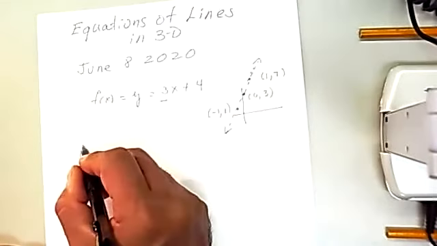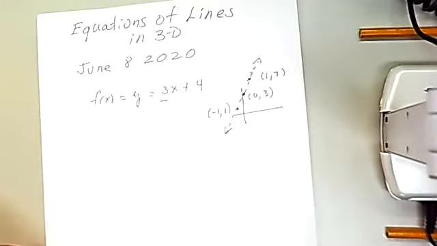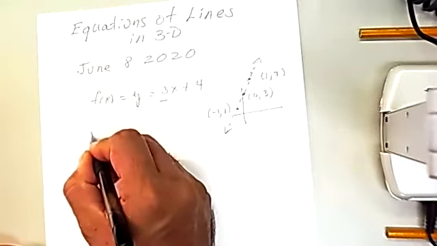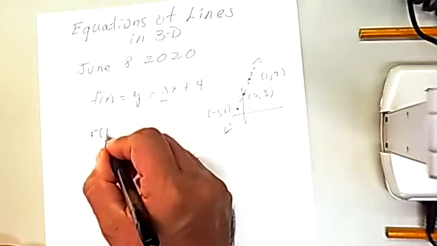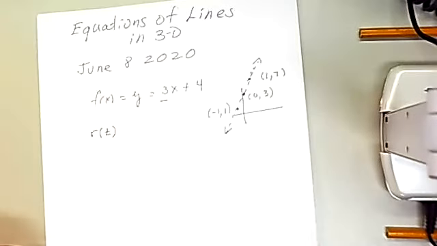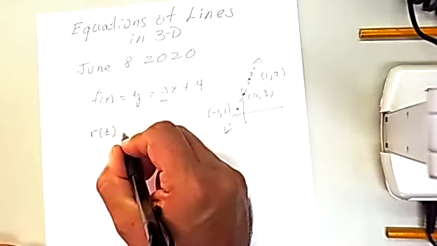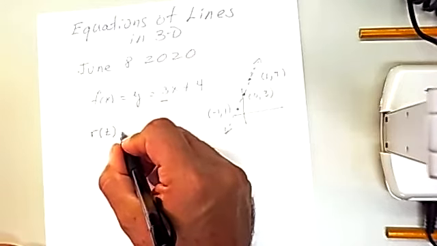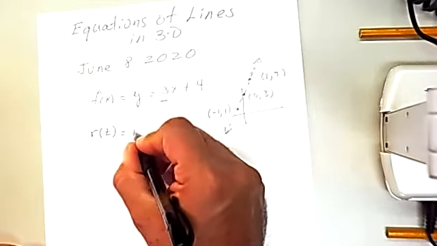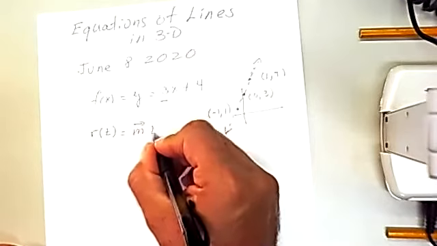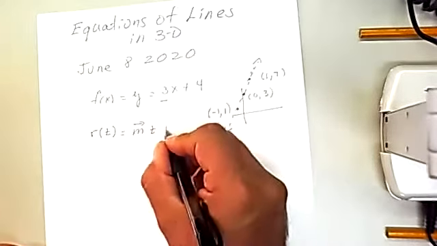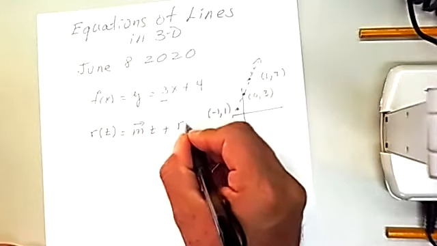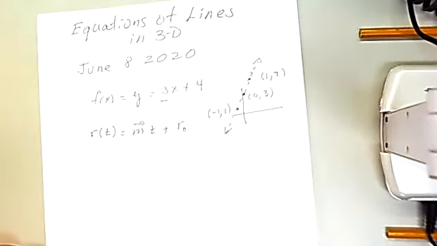So we're going to have a similar situation with 3 dimensions. We're going to write the function typically as r of t. That is going to be written as a vector, which is going to give us a direction, times t, plus an initial position.